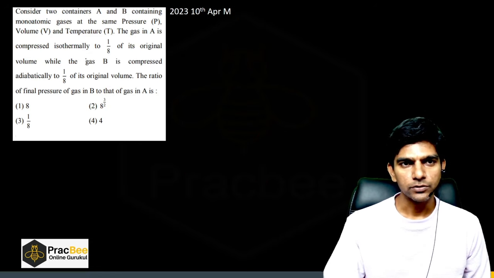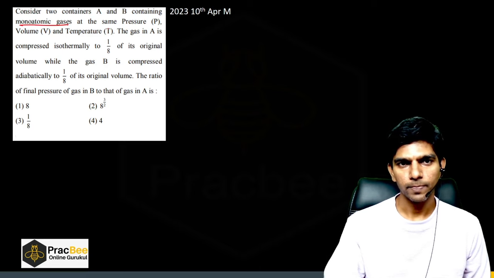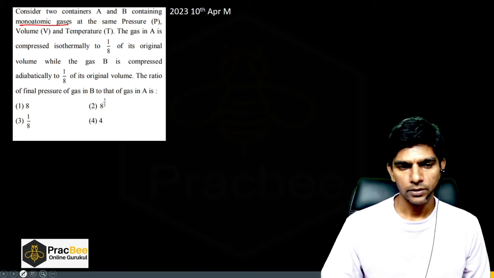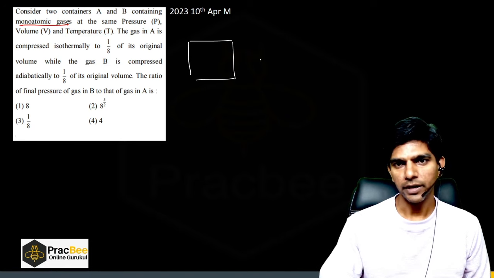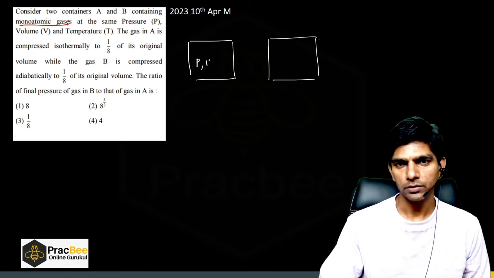Okay, right. So in this question, consider 2 containers A and B containing monatomic gas at the same pressure P, volume V, and temperature T. So we have two identical containers, and initially both have the same pressure, volume, and temperature.